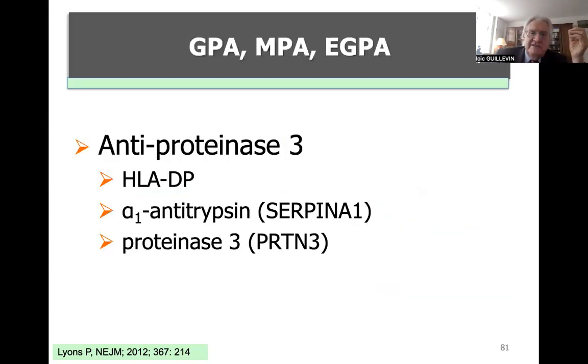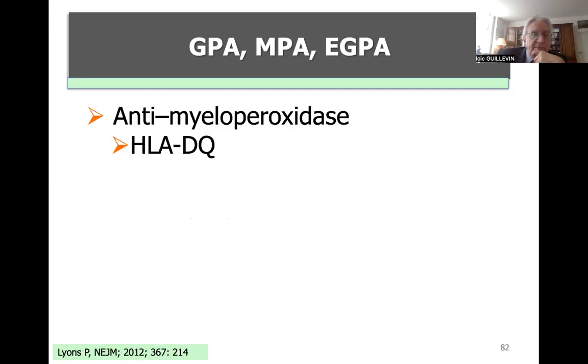What has been identified is that the genes or the HLA associated with anti-proteinase 3, GPA, MPA, but also with GPA, HLA-DP for anti-PR3, the alpha-1 antitrypsin gene for GPA, and also another gene, which is PRTN3. It is in the group of GPA patients.